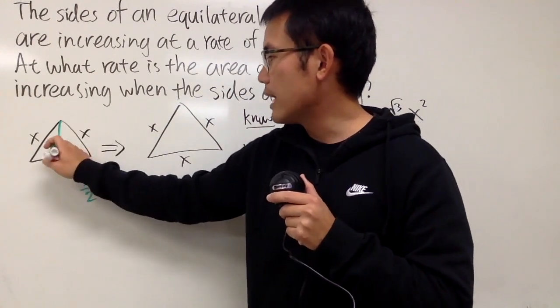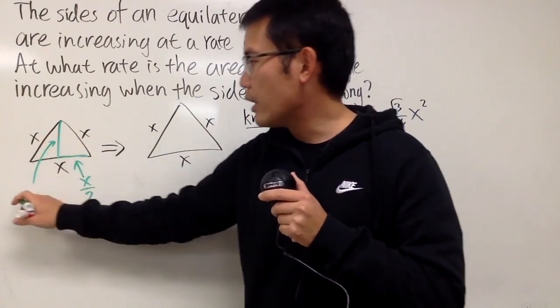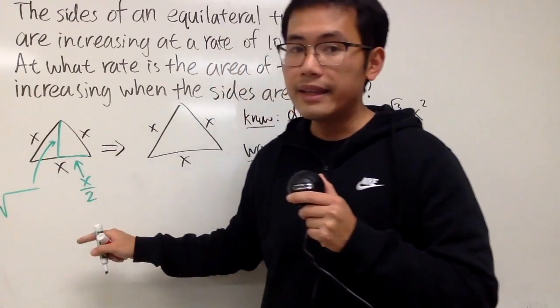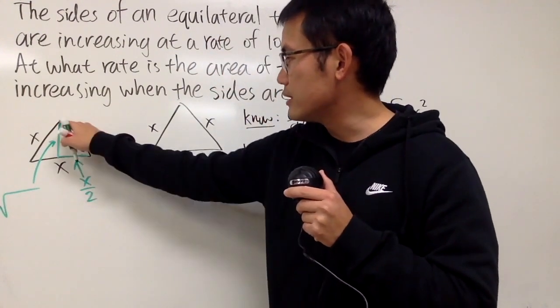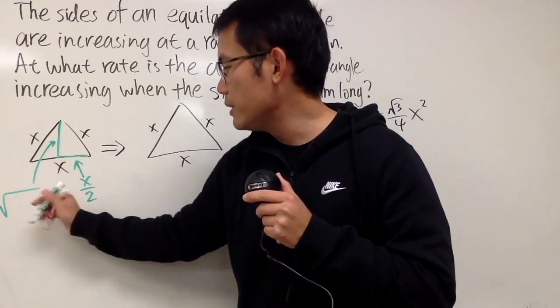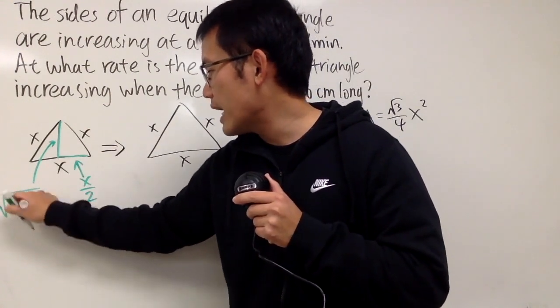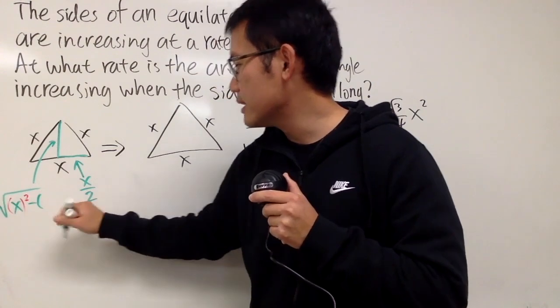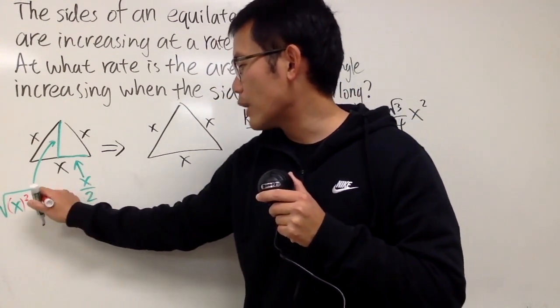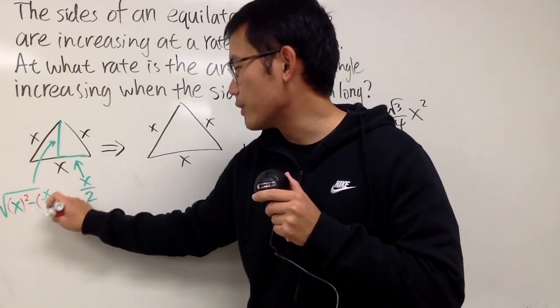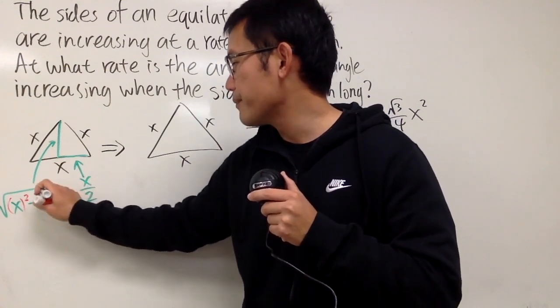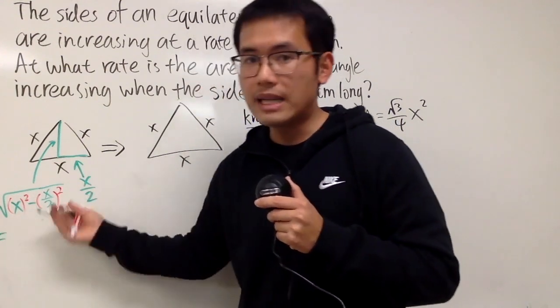And now you have x over 2 and x. So I need to figure this out. To figure this out, I will just take the square root, and then I will do the hypotenuse, which is this, which is going to give me x, and I have to square that, and then subtract this side squared, which I will put down in parentheses, x over 2, and then square that. And of course, we can work this out.